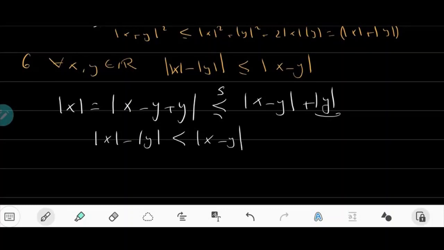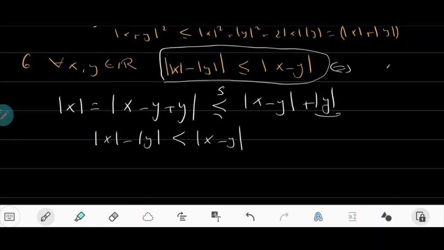What do we need to prove? We need to prove this. What does this mean? It means that the absolute value of x minus the absolute value of y is from one side less than the absolute value of x minus y, and on the other side it's greater than, or equal, of course, both, minus the absolute value of x minus y.